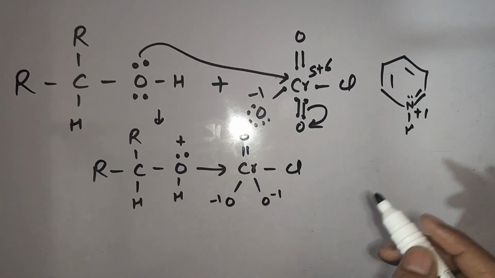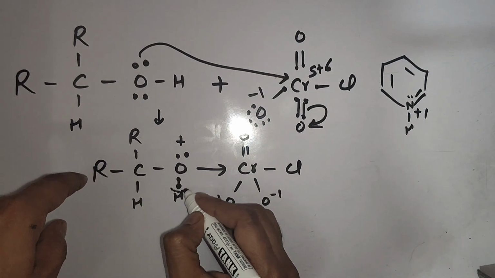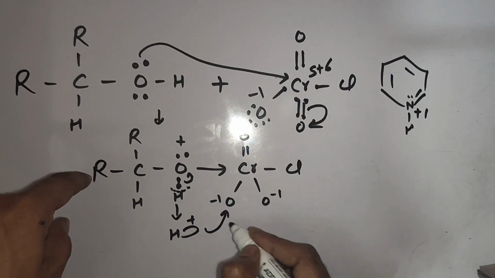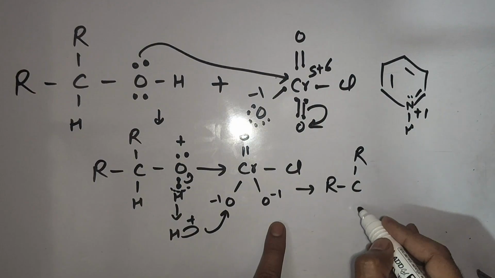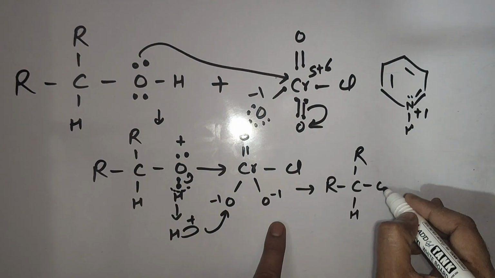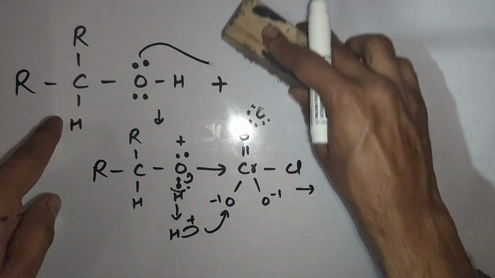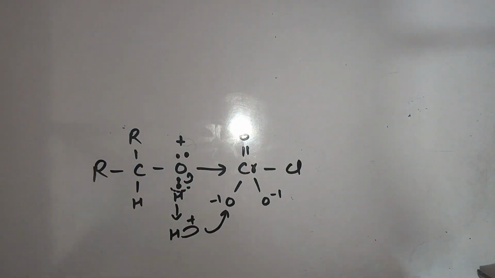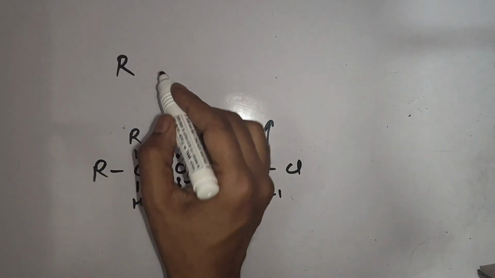Cl is there. Now first, this oxygen will stabilize itself by breaking the bond from H. H positive will release out and combine with O, due to which this compound will be generated.